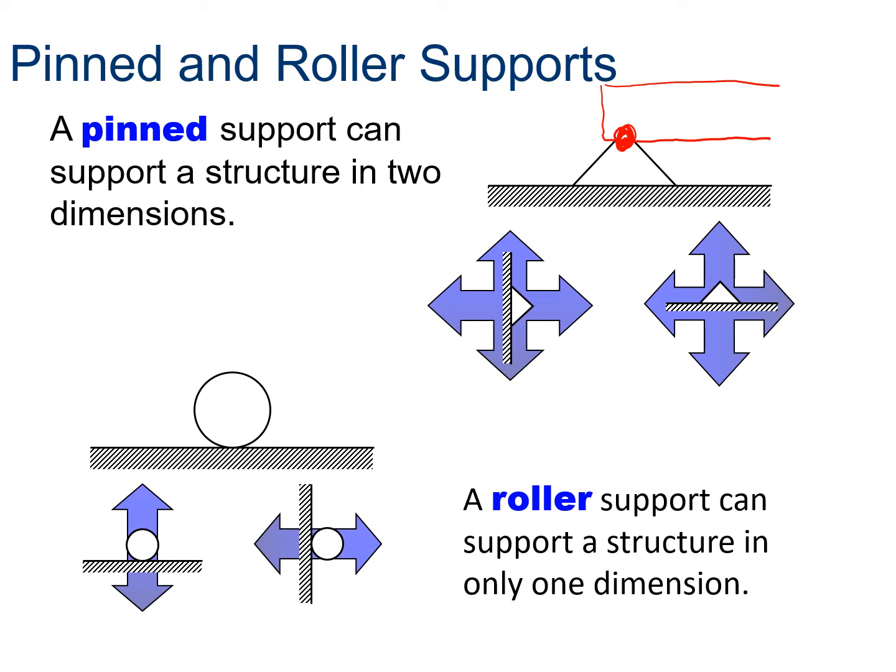So what these arrows indicate are that you have some sort of forces acting in any one of those directions. There could be a force up, a force down, a force to the right, or a force to the left. We're going to include those in our calculations later as forces that are being applied to the beam.